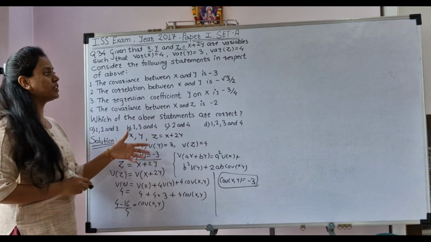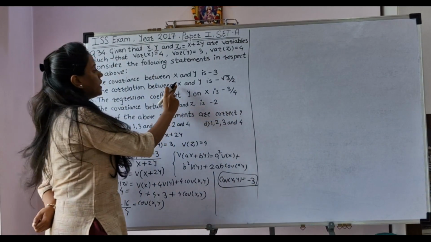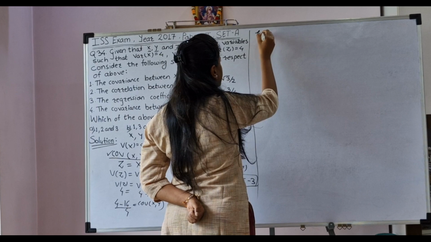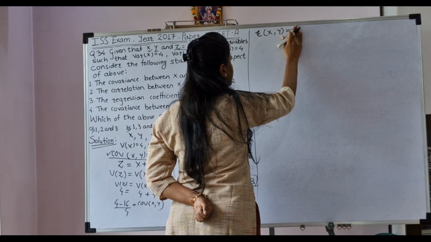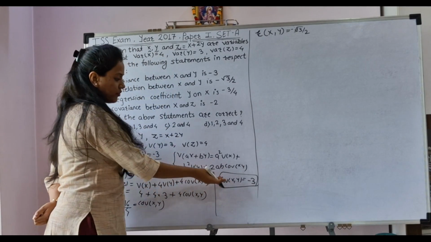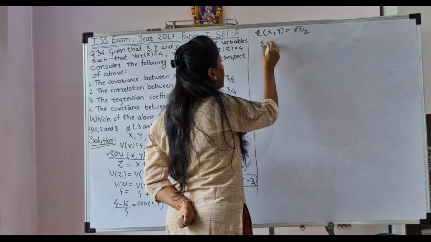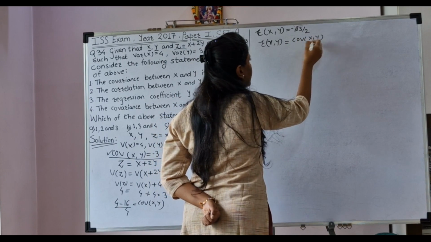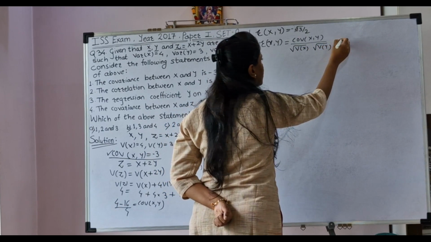Now similarly we will check the second statement. The second statement is: correlation between x and y is -√3/2. Now we know the covariance and the variances are given, so we can easily calculate the correlation. So r xy equals covariance of xy upon square root of variance of x into square root of variance of y.